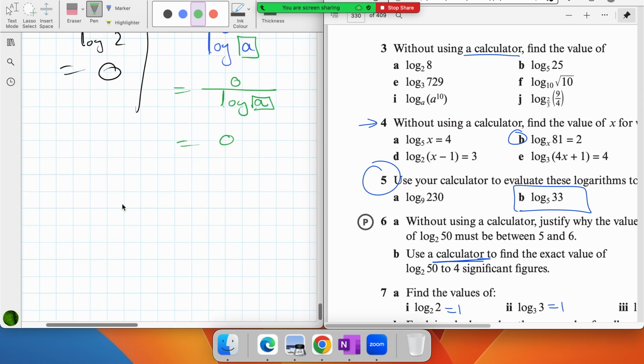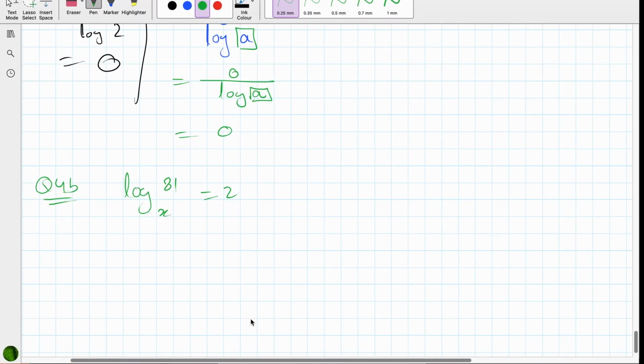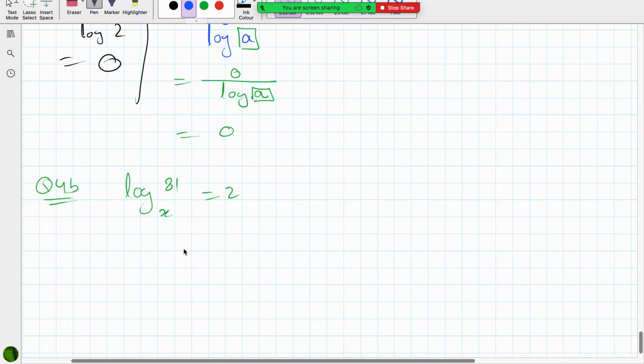Question 4B is log of 81 to base x is equal to 2. Rules are same. I'm changing it into index form, taking this x on the other side. So this is 81 is equal to x raised to the power 2.